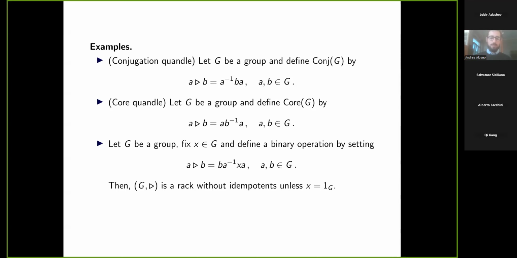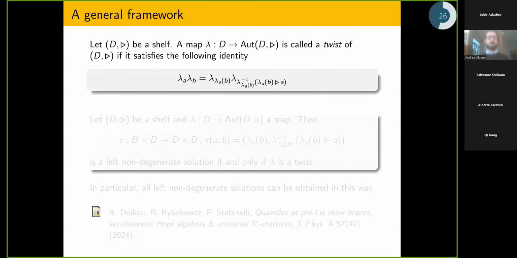Now, the importance of shelf structures, the importance of self-distributive structures, lies not only in the fact that they provide important examples of solutions, but also in the fact that they provide us with a general framework under which we can understand all left non-degenerate solutions.